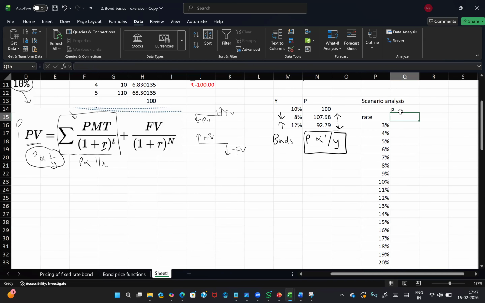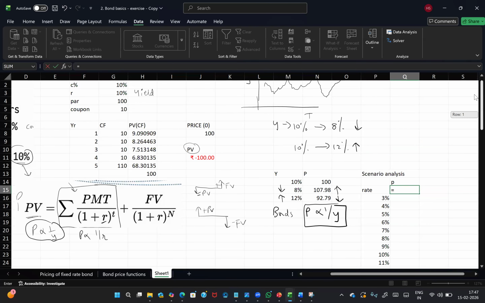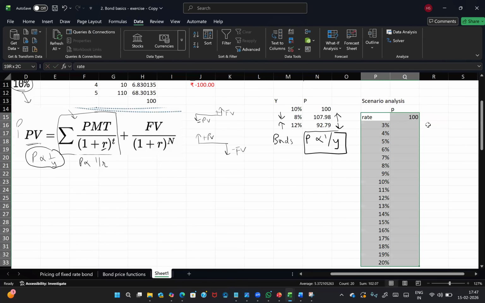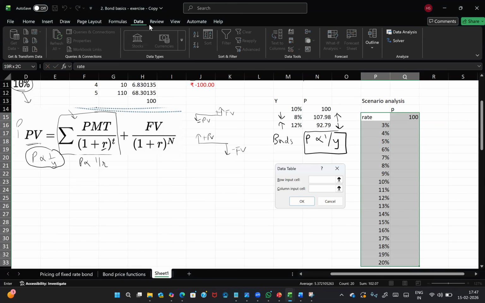So in this scenario analyzer, ahead of the rate, I will put what? Equal to the price, which is storing the formula. And then I select the entire area for which scenario analysis needs to be done. I press Alt DT, or I can go on the Data tab, click on What-If Analysis.